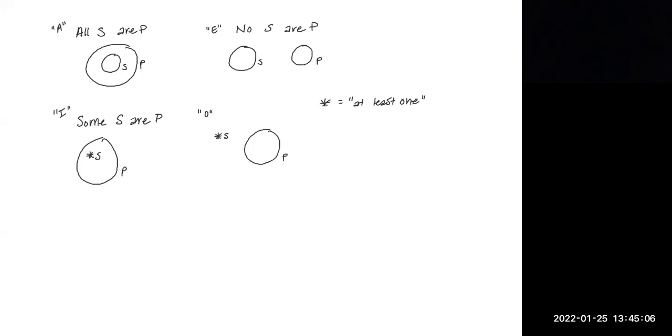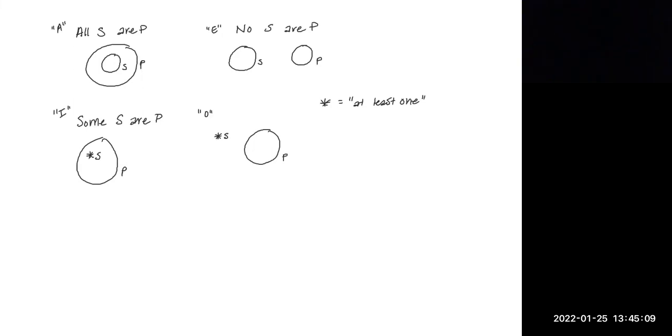If I looked at some S are P, what we call the I statement, we would use an asterisk just to designate at least one. And we would say in the P class, there's at least one S. We don't know how many more than that, but there's at least one. Then the O statement would assert that there is at least one S that is not included in the P circle.